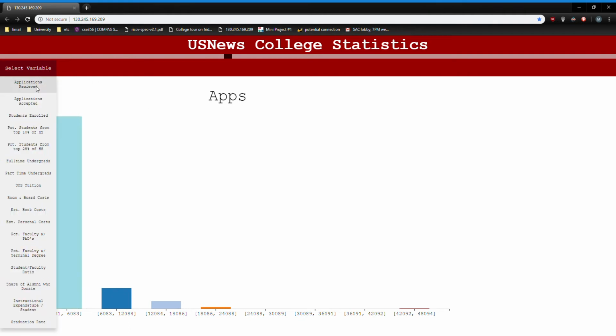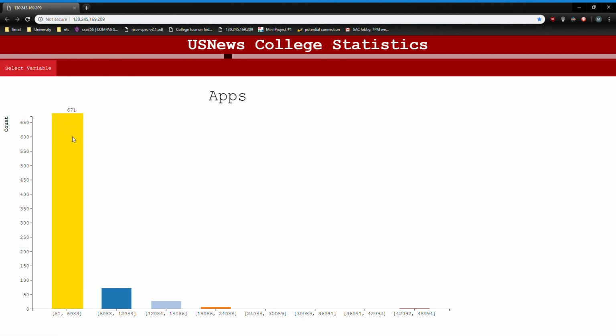The variable you're currently seeing is the number of applications each college received. As you can see, the overwhelming majority received between 81 and 6,083, with only one over here receiving quite a few more. I believe that's Rutgers in New Jersey, very big college.